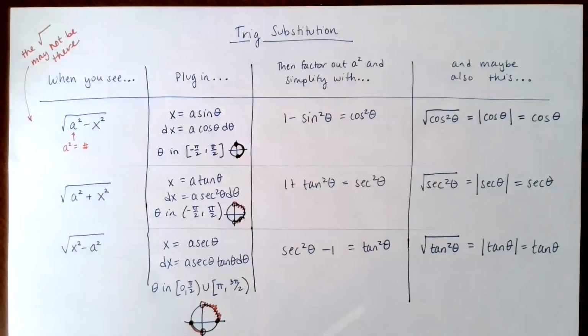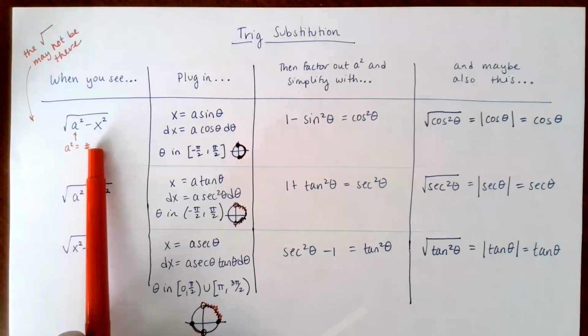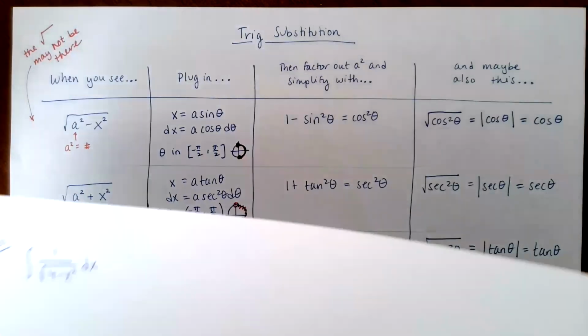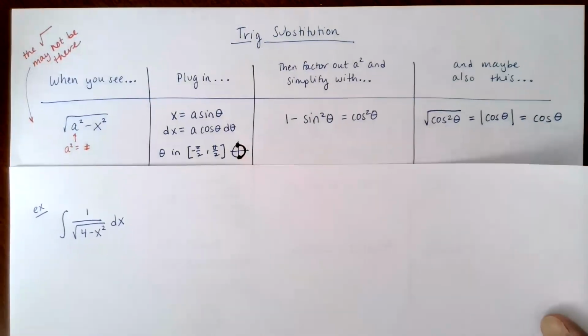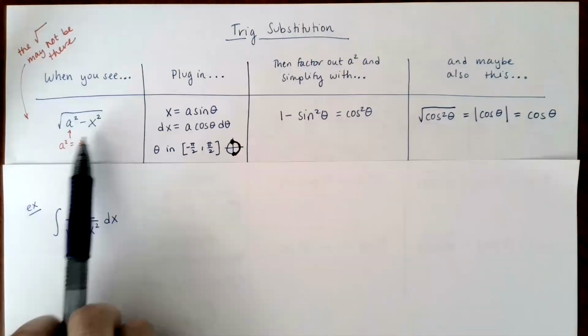Okay, so what we're going to do is zoom in on this first row for our first example. I'm actually going to block the rest of the chart with my first example. We can see this integral fits what's being described here.